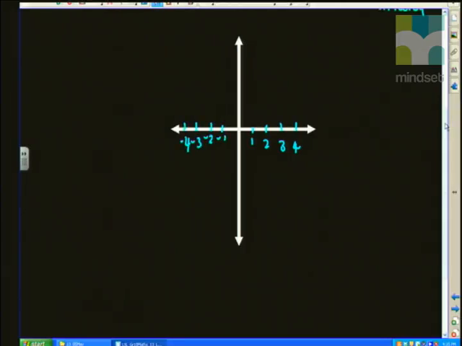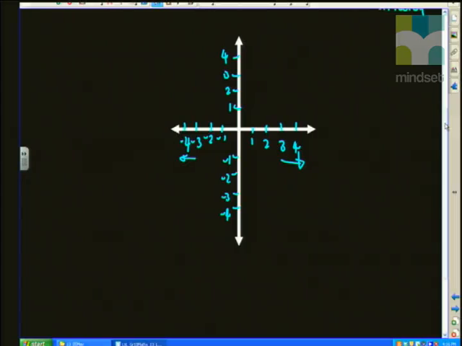Now you'll notice I've gone way beyond minus 2, but you'll see that when I draw the graph we're not interested in anything that happens to the left there, and neither are we interested in anything that happens to the right, because they've given us a specific domain within which we need to stick. Then we've got y is 1, 2, 3, 4, and then the same thing going down, minus 1, minus 2, minus 3, and minus 4.